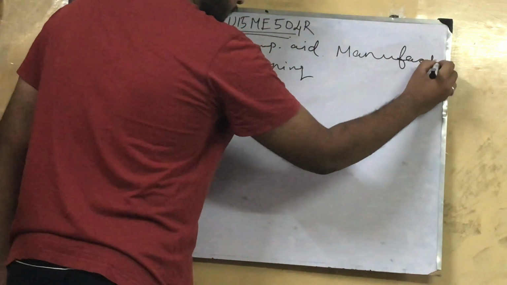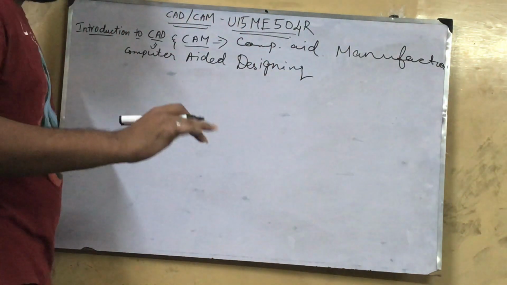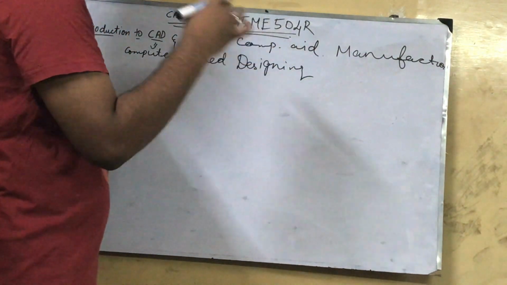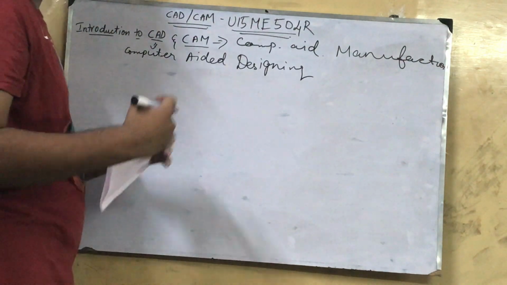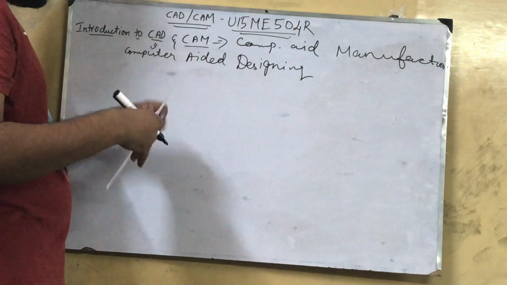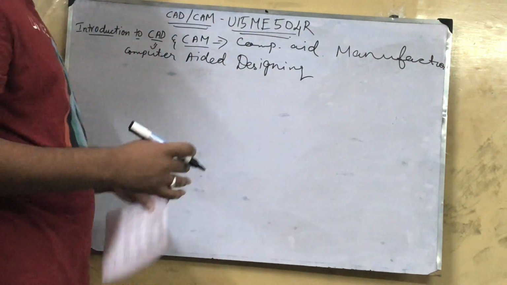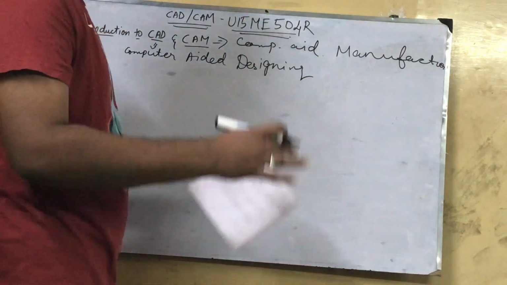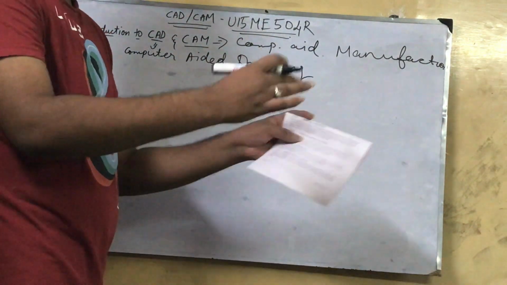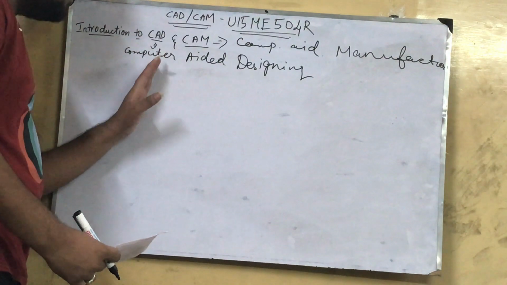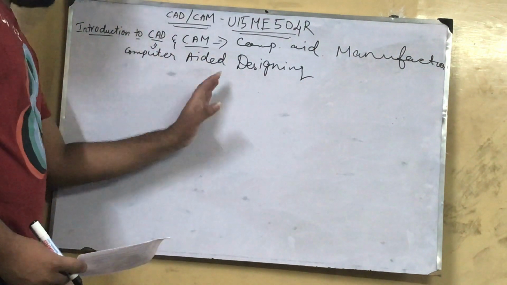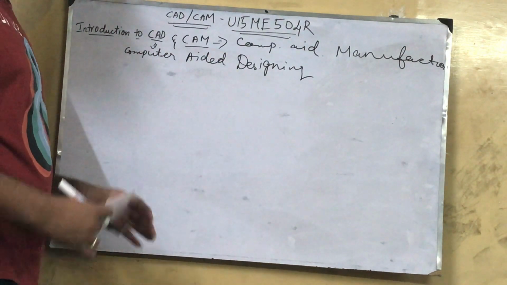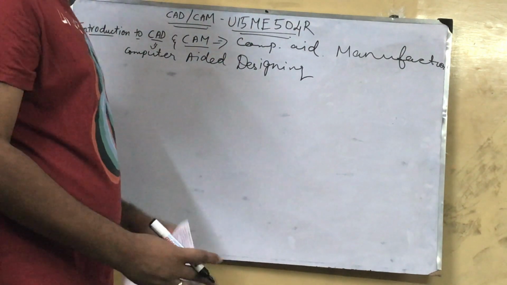CAD CAM explains the difference between the pre-production of the product, which is CAD, the entire design based technology which is required to start the product. Everything comes under the pre-product design. It's nothing but computer aided designing, which is the pre-production of the product.